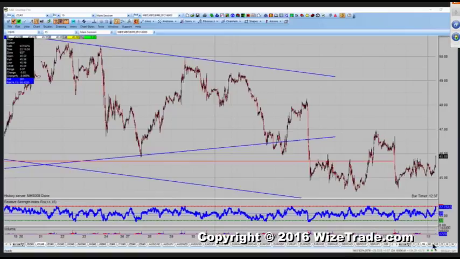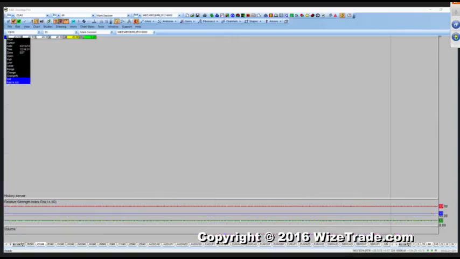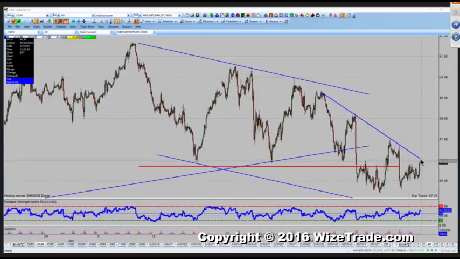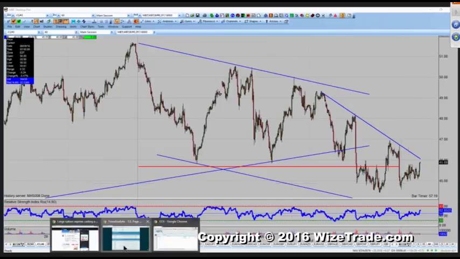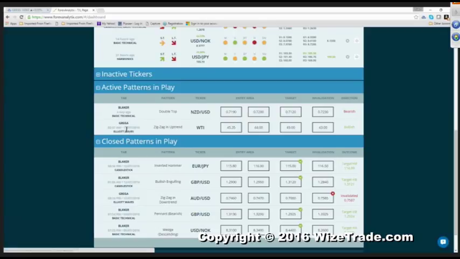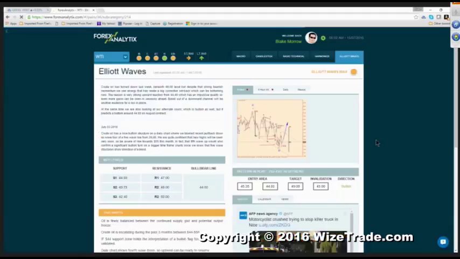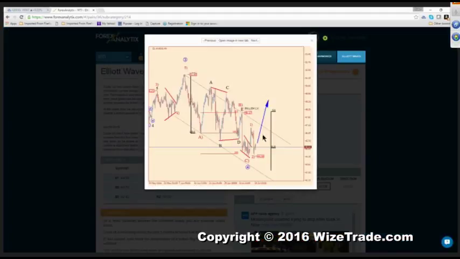Let's stop here for a second. I'm going to get to the pairs here just in a moment. But when you're talking Canadian, this is worth noting. Now, my colleague over at Forex Analytics is bullish crude, up towards 49, I think is what he's looking for.